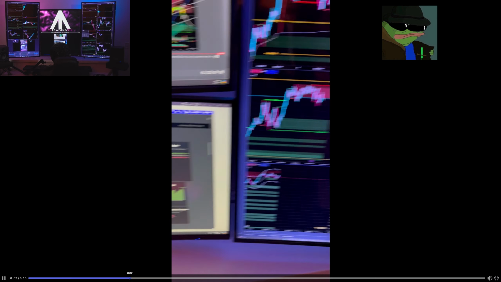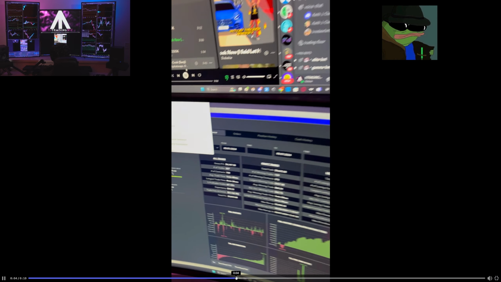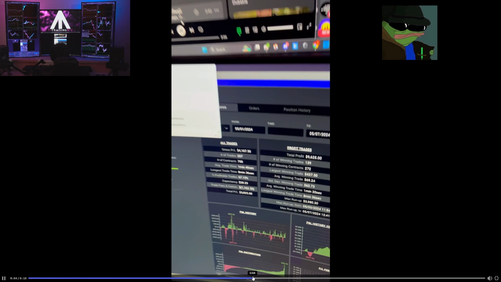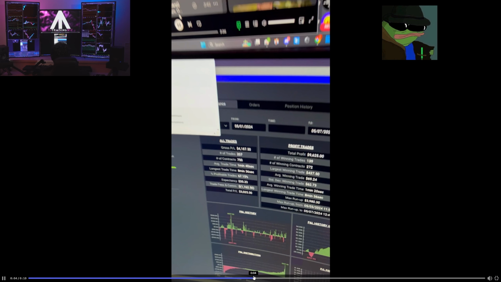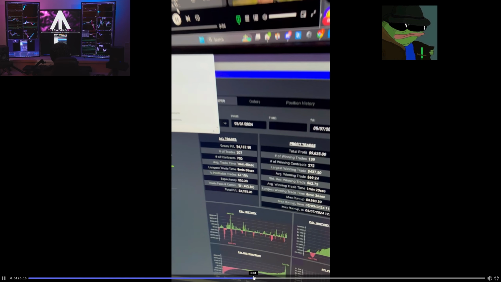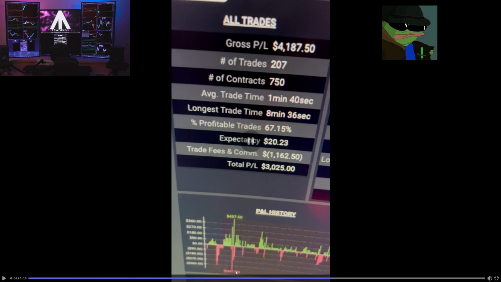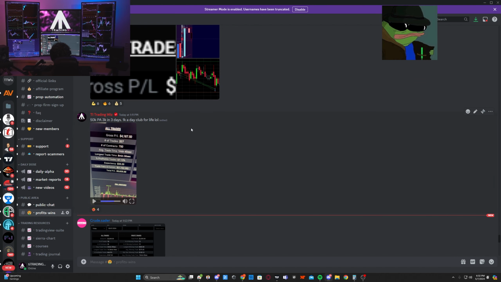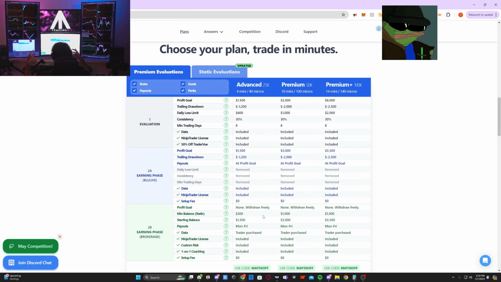I've only traded this account for 3 days, and you can see I'm up $3,000, but I can only take out $2,000. By the time that account is allowed to take a payout on Apex, I will probably be up $10,000. If I did that on BluSky, I could just take out the whole 5,000 or 10,000. So it's a huge benefit.